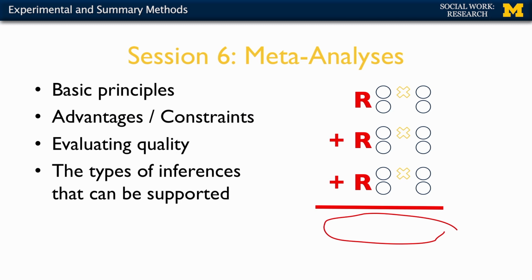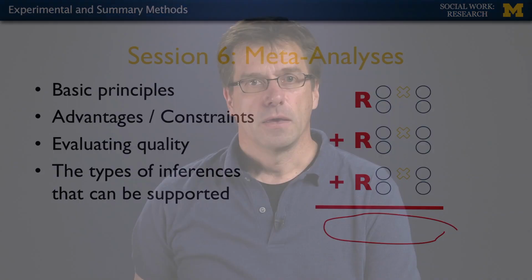In a meta-analysis, we have a mathematical or a quantitative summary of what the literature says. Again, these kinds of meta-analytic reviews can be exceptionally helpful to a practitioner or a consumer of the research, those of us who want to know what the literature says overall about a particular social problem or a particular treatment.